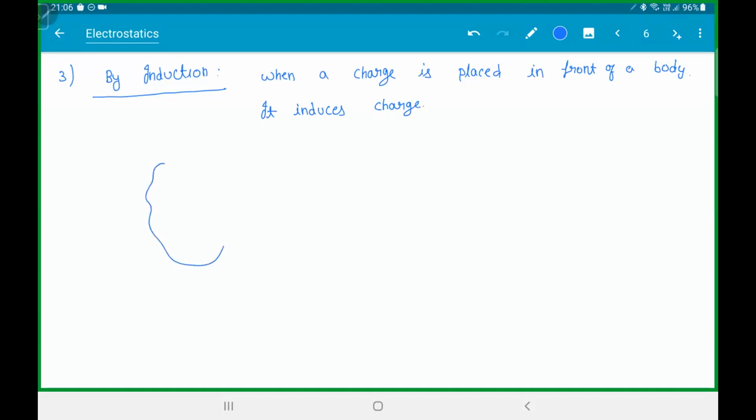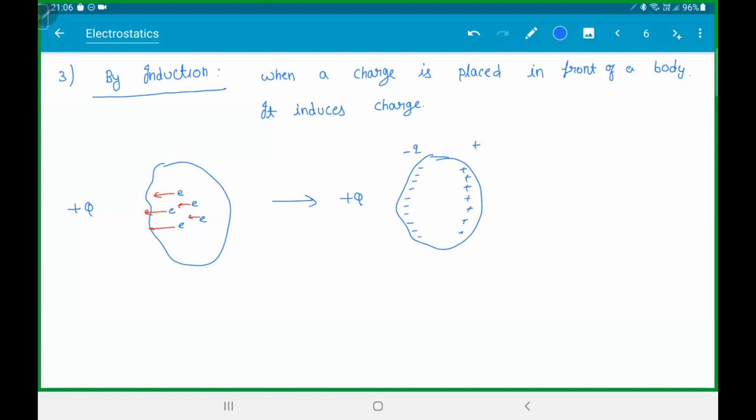Let's say we have a body like this and you put a positive charge in front of it. What will happen? The electrons inside will get attracted, right? These electrons are attracted by this positive charge. Because of this, you will observe this entire side becomes negative. Because this became negative, this becomes plus. So you will induce some charge, minus q and plus q.